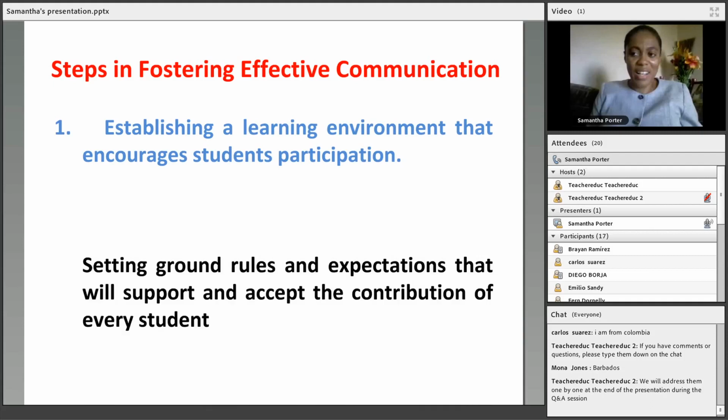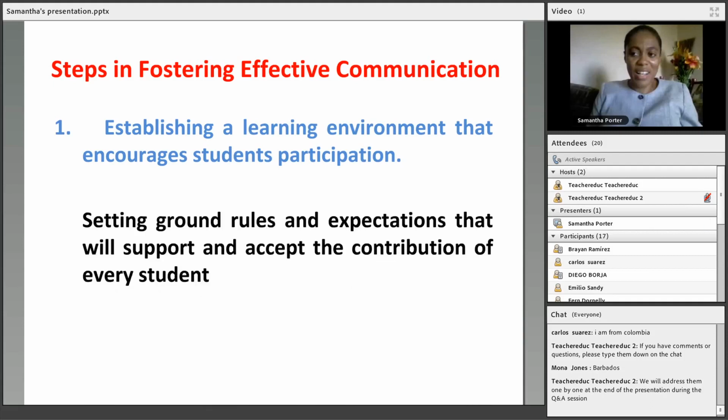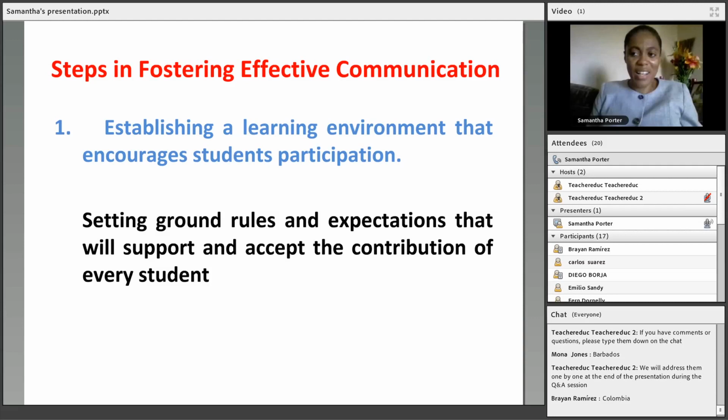This is very important because if students are not comfortable in expressing their feelings, they would not talk. So as teachers from day one, we have to set ground rules and expectations that will support and accept the contribution of every student. Students must know that no question is a foolish question or a stupid question.